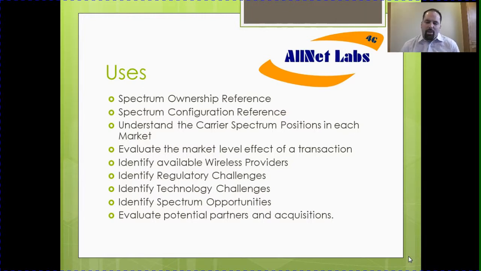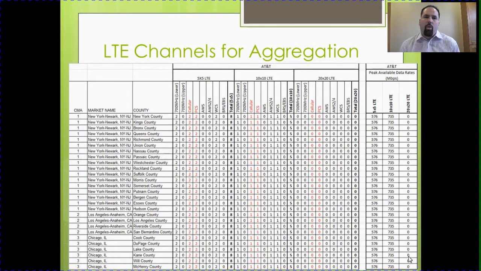As far as the next stages of this, I felt it was important to talk about the landscape format has really been built to deliver this LTE channels summary, that this is the real meat of why contiguous spectrum is important. So this is going to be the next carrier summary that we're going to build out, where it will list on a county by county basis for each of the major carriers the number of 5x5 LTE channels and the number of 10x10 and the 20x20 LTE channels that they each can frame with their existing spectrum.